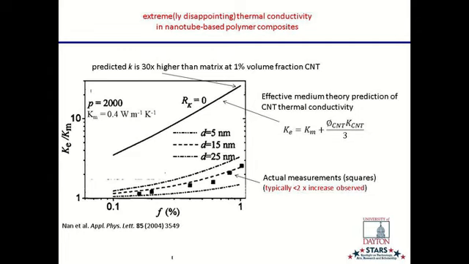For this data that I'm showing you here, the aspect ratio is 2,000. So the nanotubes are 2,000 times longer than they are in diameter. And what we can predict, just based on simple geometric arguments that work for composite materials, is that for just a 1% carbon nanotube loading we should get a 30 times increase in thermal conductivity for a polymer composite material.